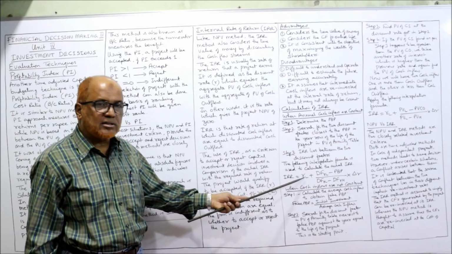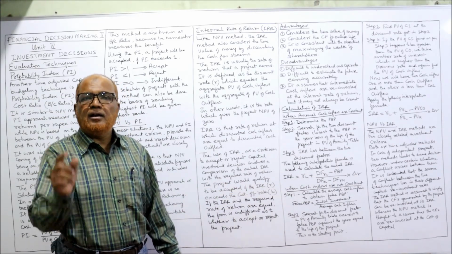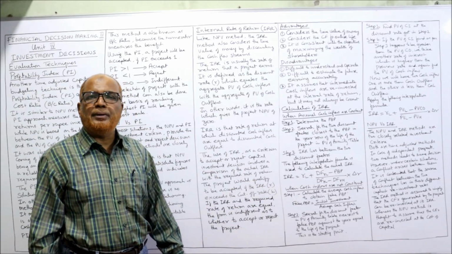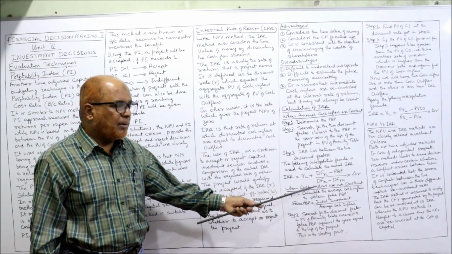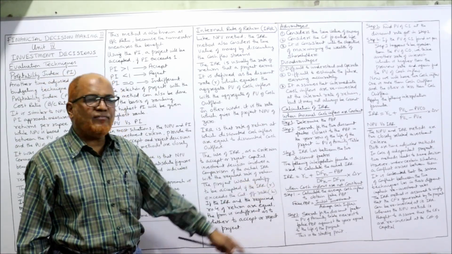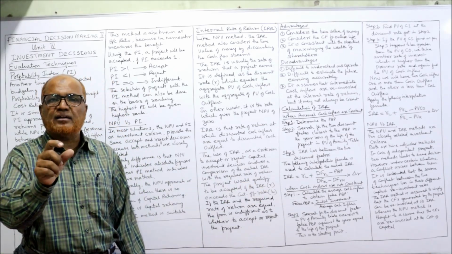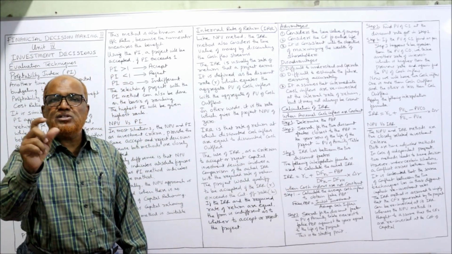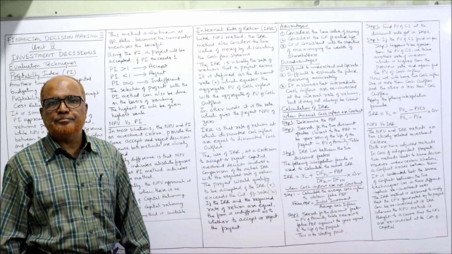So take the lower rate, plus DFRL, the discount factor at lower rate, minus PBP, the payback period, divided by DFRL, the discount factor at lower rate, minus DFRH, the discount factor at higher rate, into delta R, the difference between the two rates.